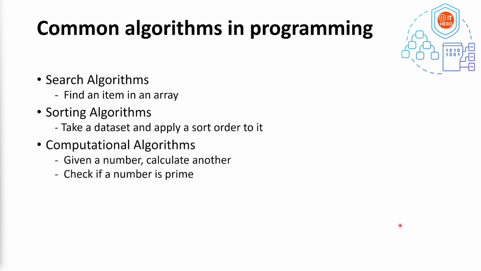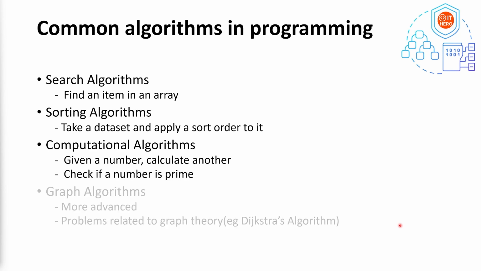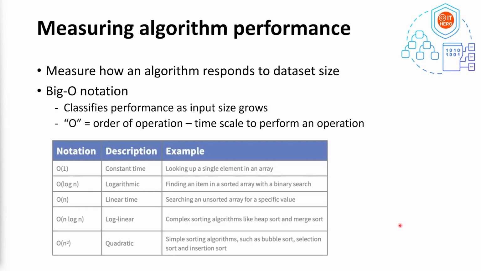We have also computational algorithms, for example, given a number, calculate another value, or checking if a number is prime or odd. And we have the more advanced graph algorithms, which solve problems related to graph theory. But we're not going into detail in this introduction course. We will talk only about the most basic algorithms.